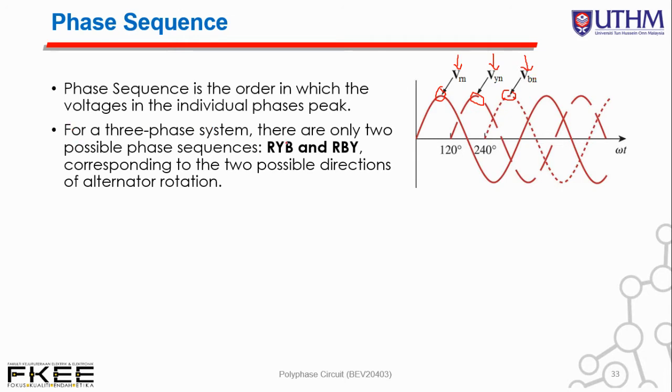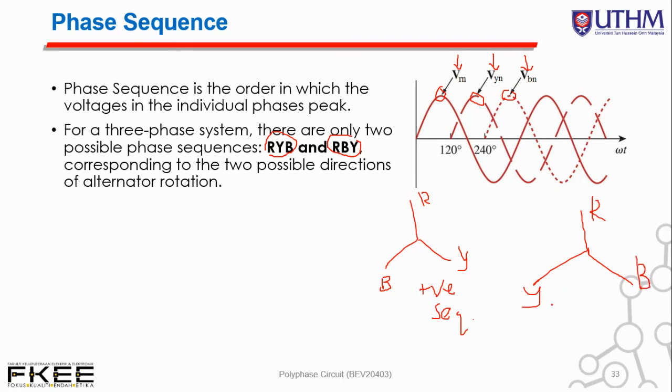For a three-phase system, there are only two possible phase sequences, either RYB or RBY. This one, RYB, we call the positive sequence. Meanwhile, for the second sequence, we have R, B, and Y, the so-called negative sequence.